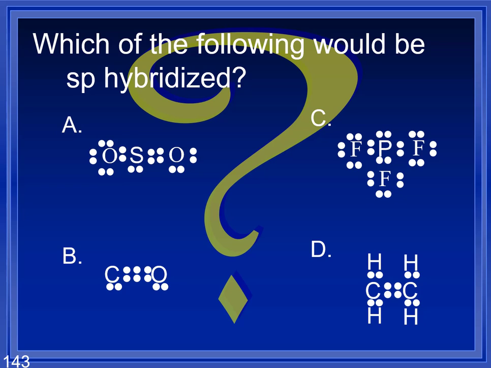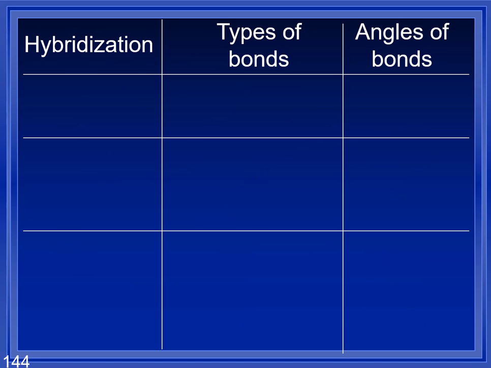That means I get to make 2 pi bonds. So either way you look at it, I just need 2 places to put electrons, or I have 2 p orbitals. It's got to be B. It's got to be B because it's just 2 places. So in summary, yep, 3 bonds. Had to be B.